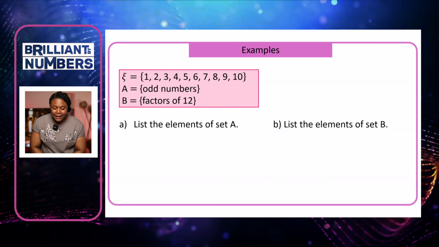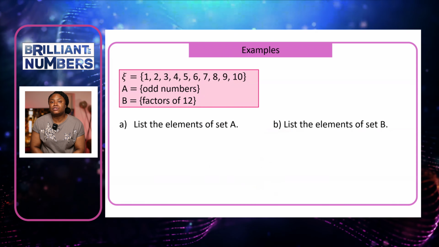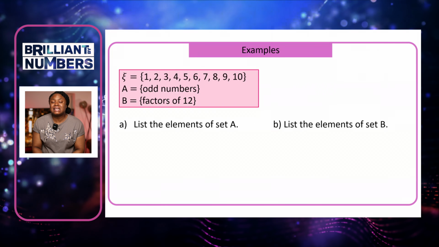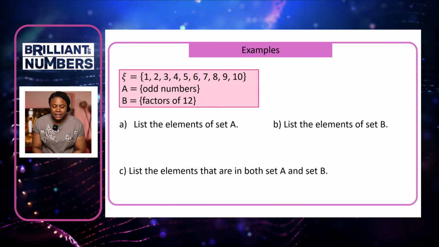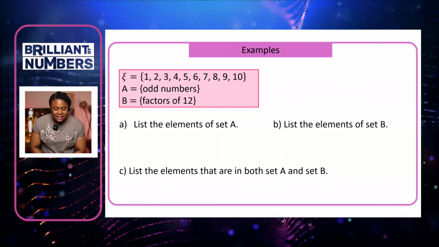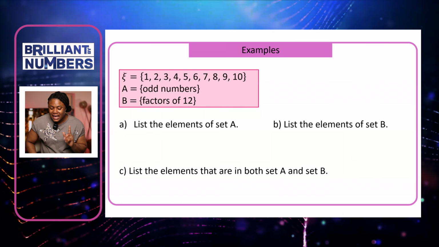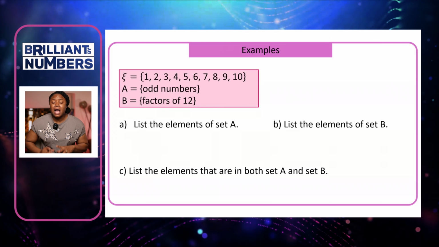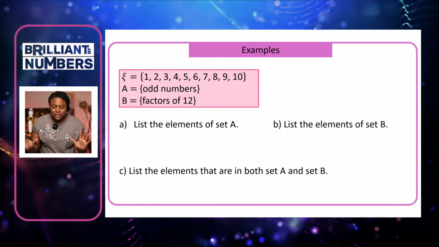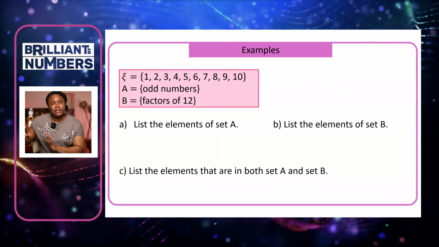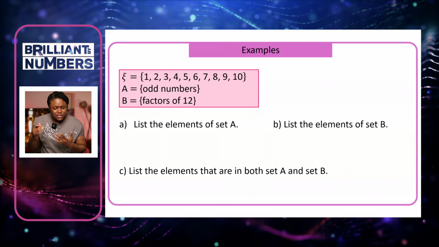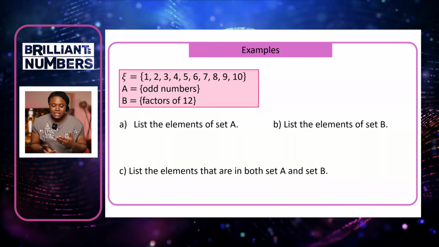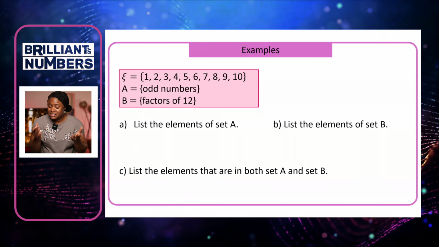In part A, we're asked to list the elements of set A. In part B, we're asked to list the elements of set B. And in part C, we're asked to list the elements that are in both A and B. A beautiful way to end our question, as it leads us into a higher stage of sets and Venn diagrams when we get into the next part of our Venn diagrams series.